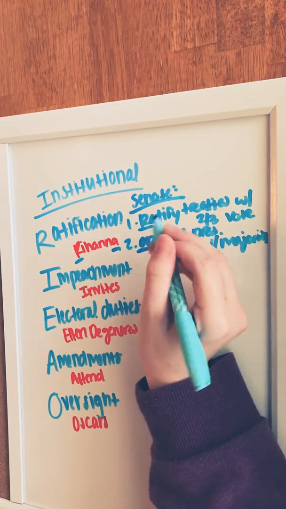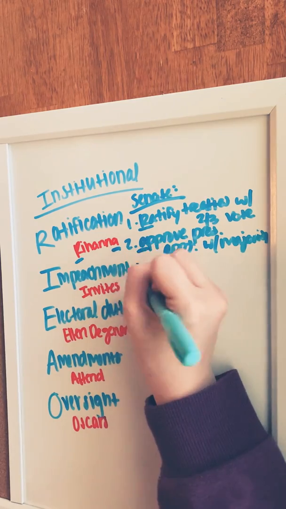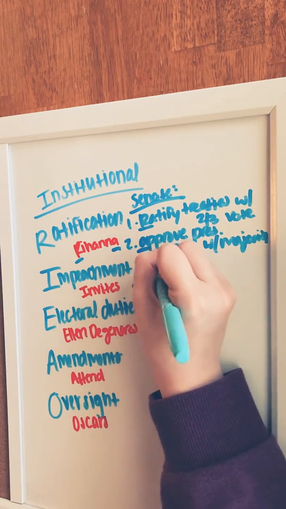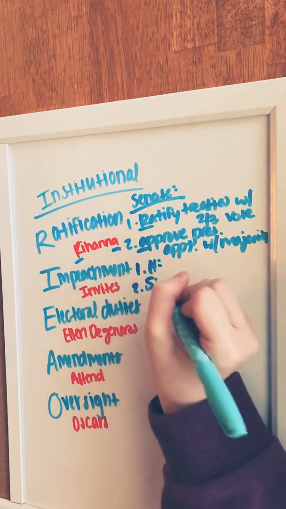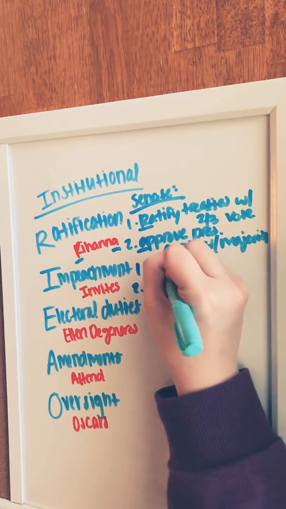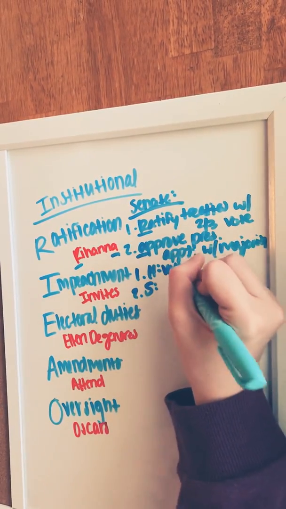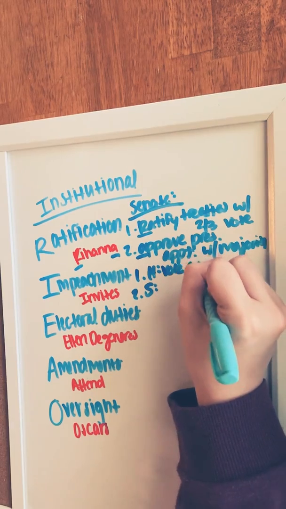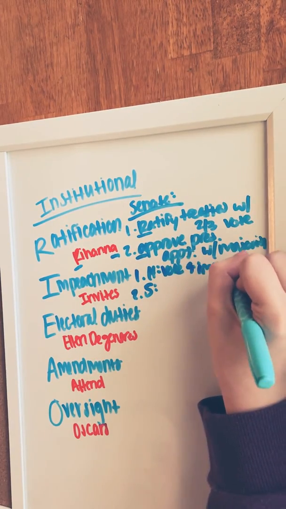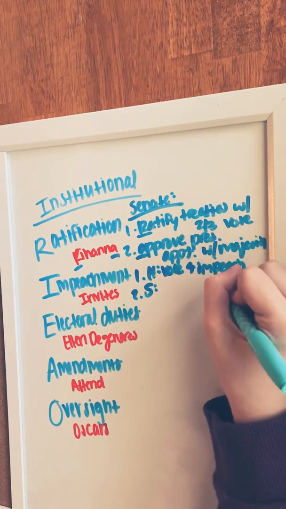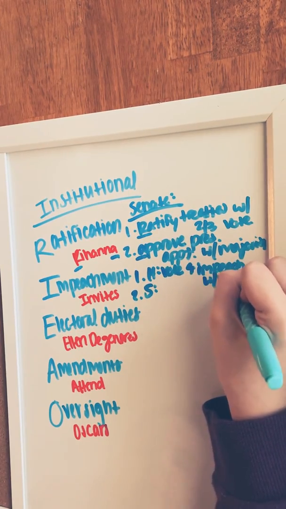All right, impeachment. So we have 2 different things for impeachment. One is for the House, and one is for the Senate. So, for the House, they vote for impeachment with majority.